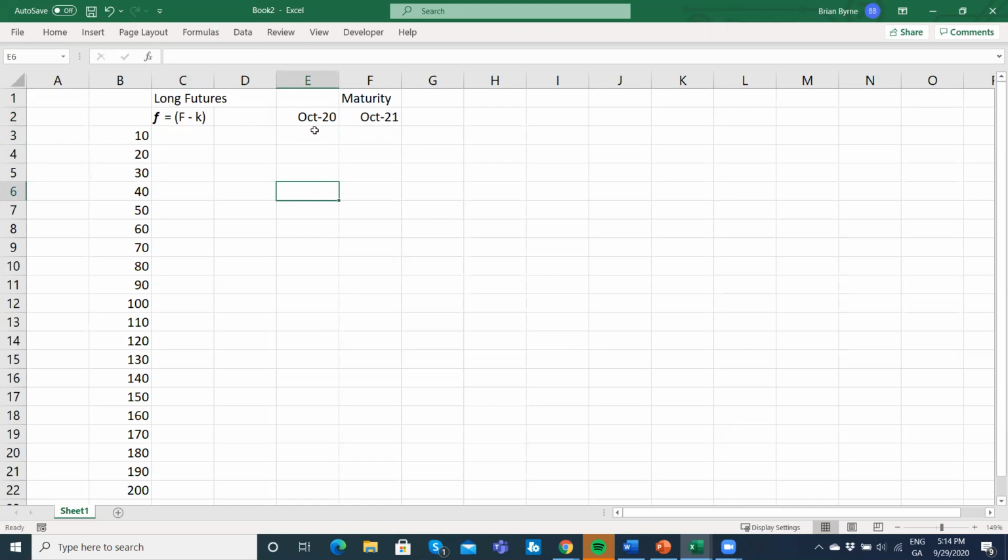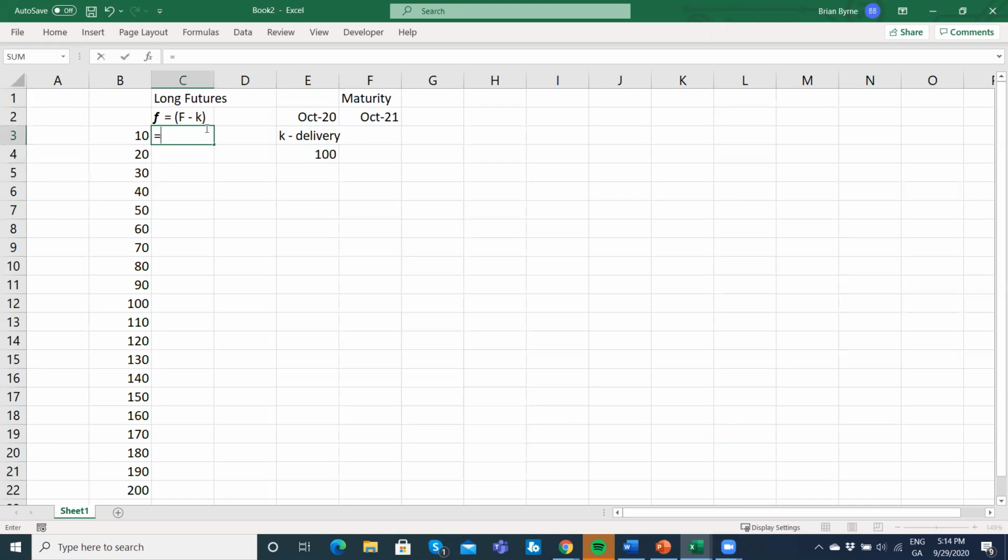And then we're saying the delivery price, which is agreed today, is K, and we're setting up a contract in order to purchase oil, let's say at $100 a barrel in October 2021.